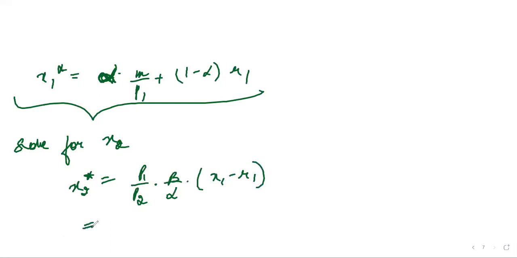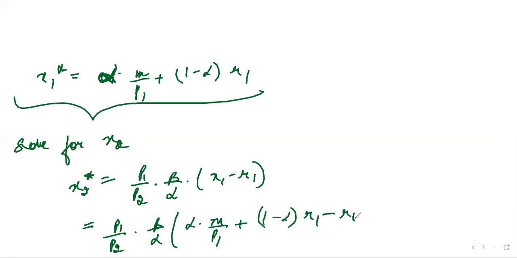So this will be P1 by P2 into beta by alpha into alpha M by P1 plus 1 minus alpha R1 minus R1. Okay. So I can solve for this.